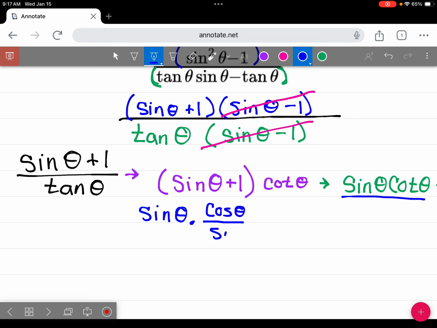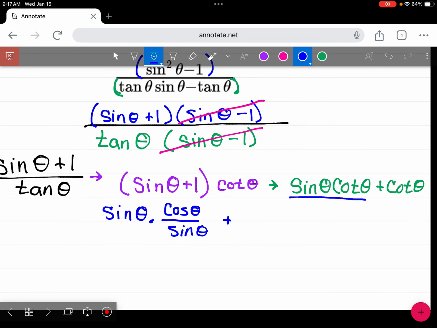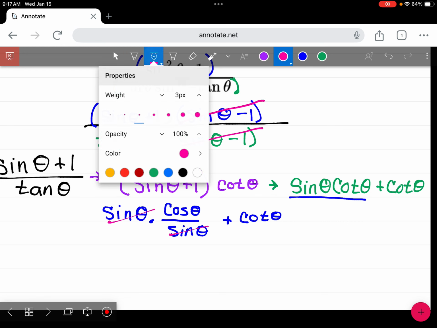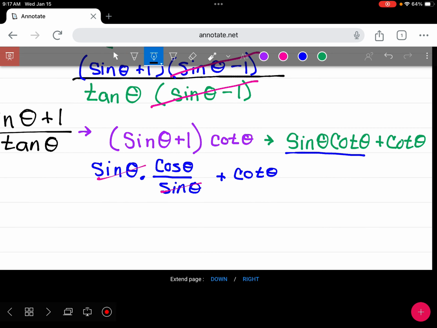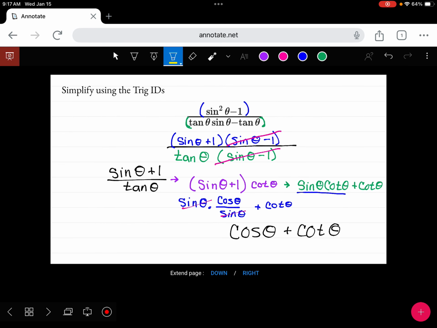Cosine theta over sine theta. Our sines cancel out. So our final answer here, as simplified as we can go, is cosine theta plus cotangent theta. And that's as simplified as we can go.